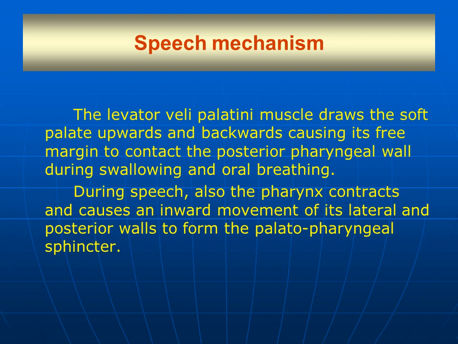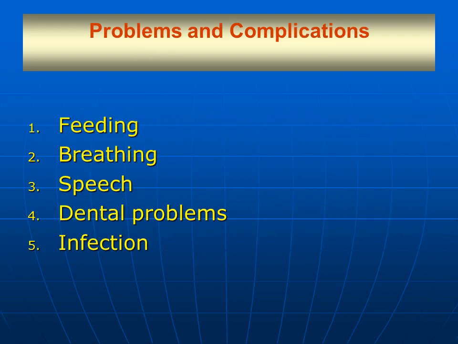Therefore, movement in the soft palate as well as contraction of the lateral and pharyngeal walls will result in the formation of the palatopharyngeal sphincter, which separates the oral cavity from the nasal cavity. Therefore, a patient with a cleft will suffer problems in feeding, breathing, speech, dental problems, as well as infections.